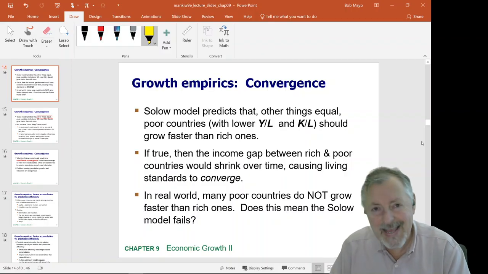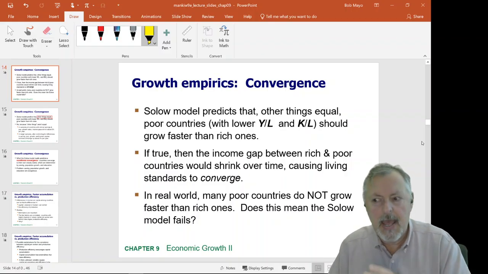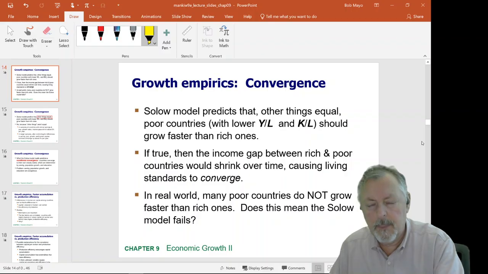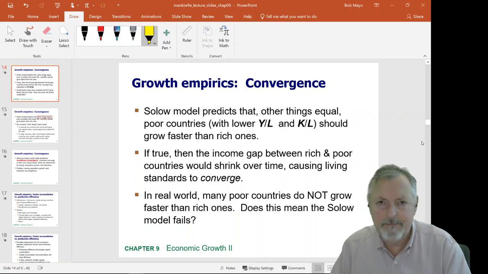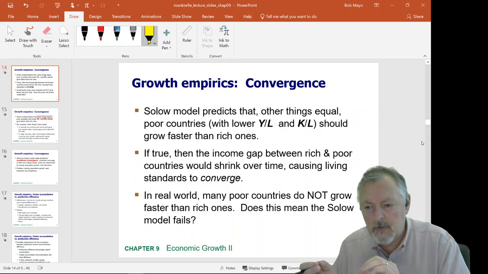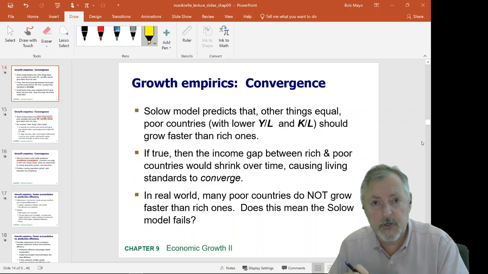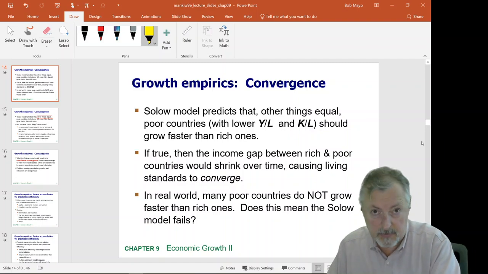If a country already has a lot of technology, adding more is going to help some, but not a tremendous amount.